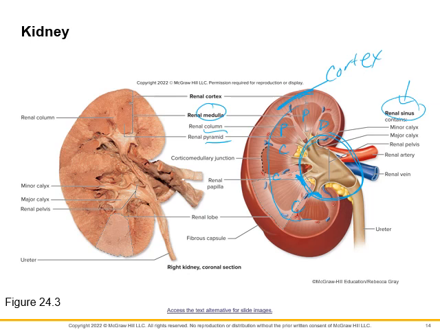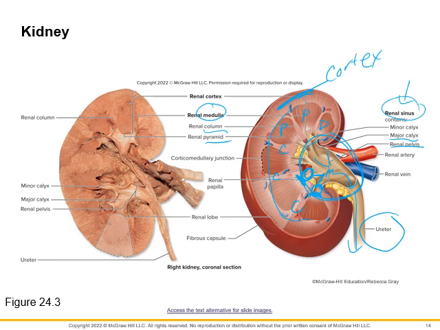Then we can look at the fact that we have this minor calyx and this minor calyx, and they merge into a major. And then several majors merge into the renal pelvis, and eventually that drains to the ureter.